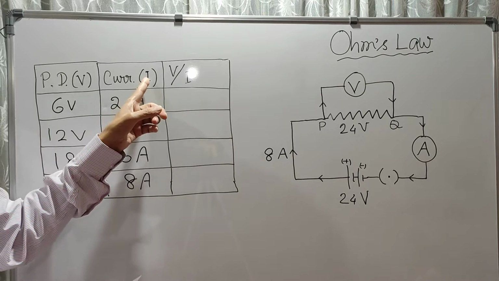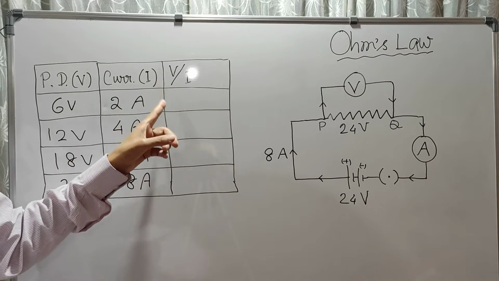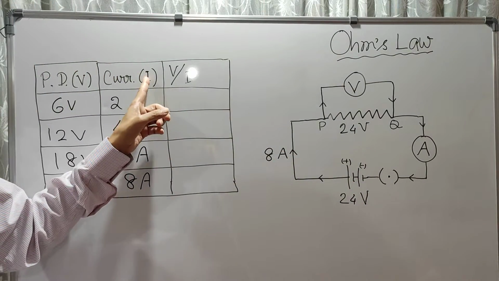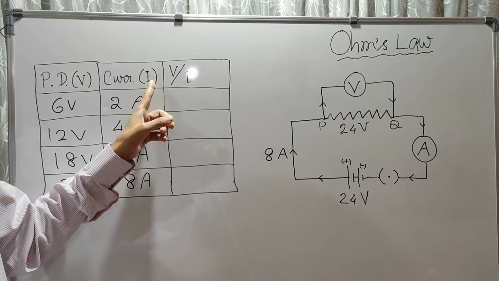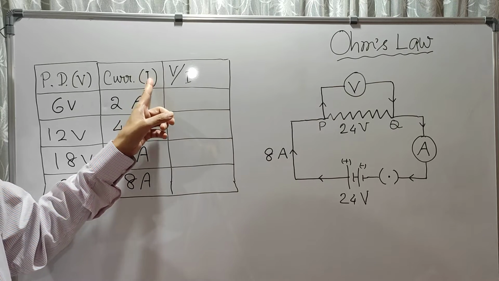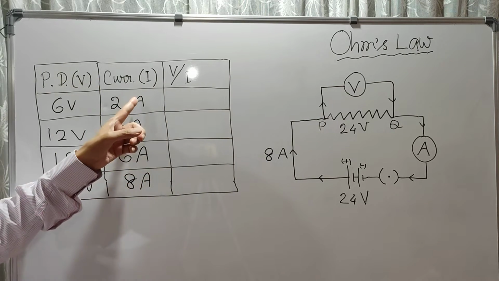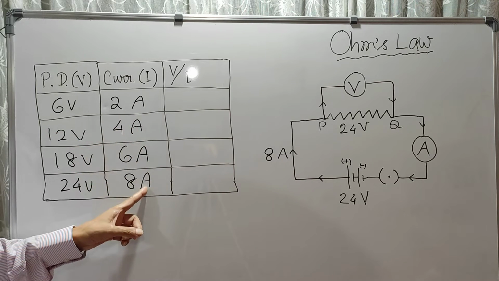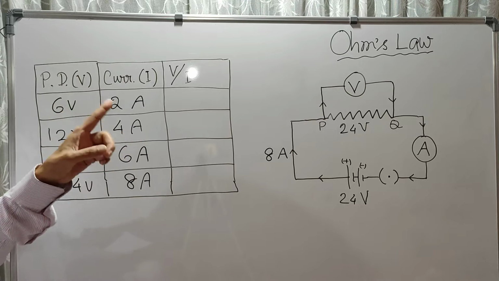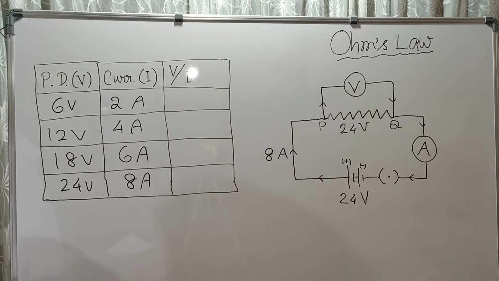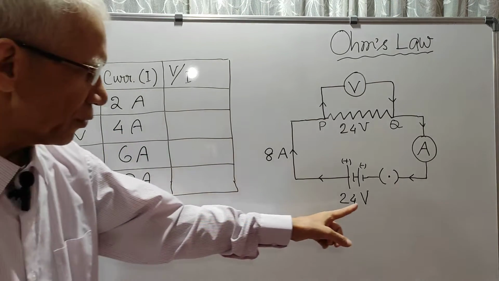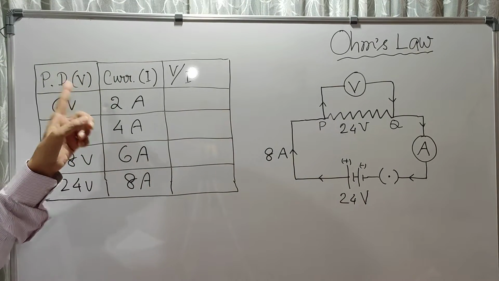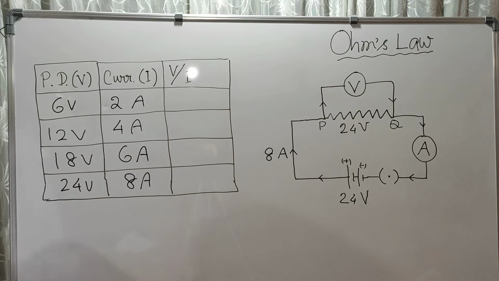I is the symbol of current, but the SI unit of electric current is ampere, A. V is the symbol of potential difference, and it is also the symbol of the SI unit of potential difference, which is volt.